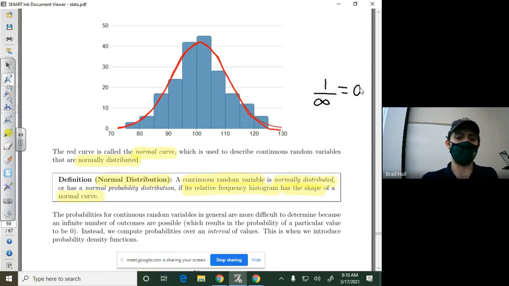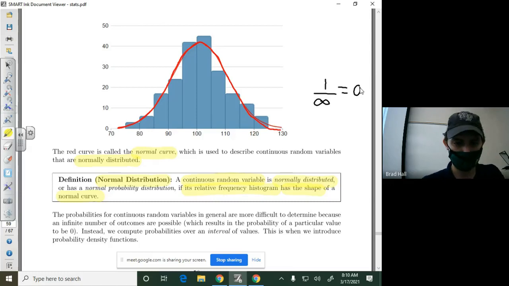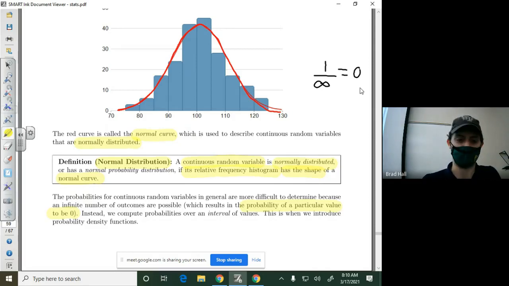What this is saying is that if you try to figure out the probability of a specific continuous value, as it says in the description down here at the bottom, the probability of a particular value ends up being 0 because of this idea. So we compute over an interval of values, like we did a few chapters back, whenever we had classes and class widths and stuff like that.